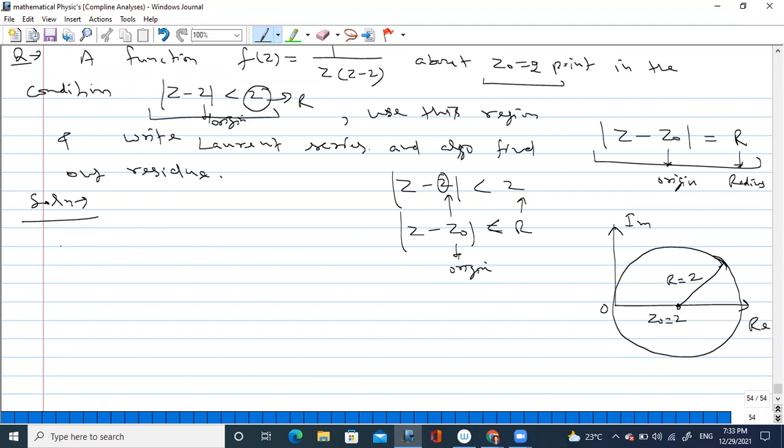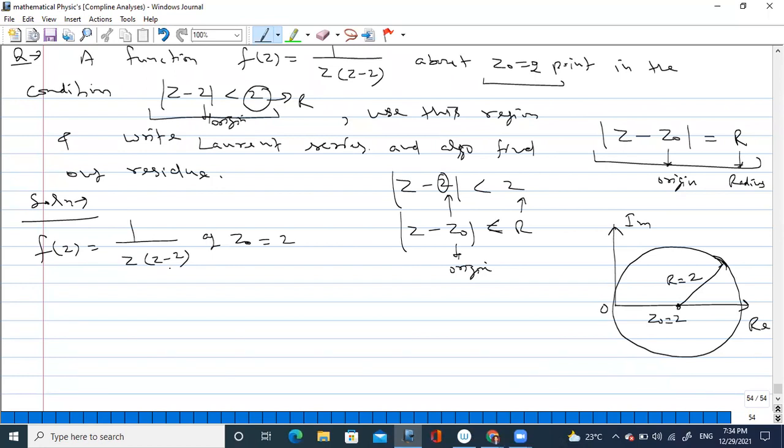So now your function f(z) will be 1 upon z into z minus 2 at z0 equal to 2. This is your function now. Okay. Now for this case, we have to do some replacement in this z minus 2, because when you put z0 equal to 2 here it will become infinite, and that function will not be defined.